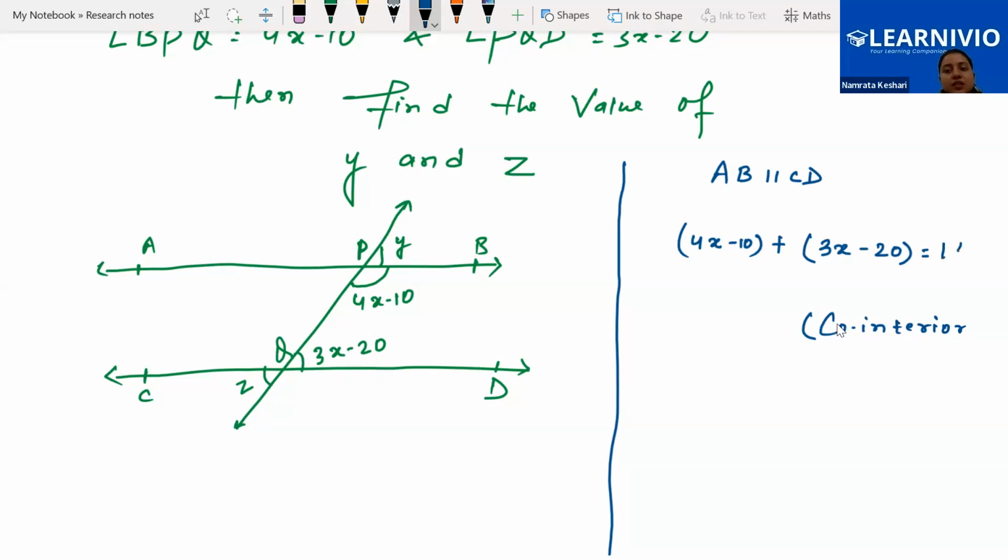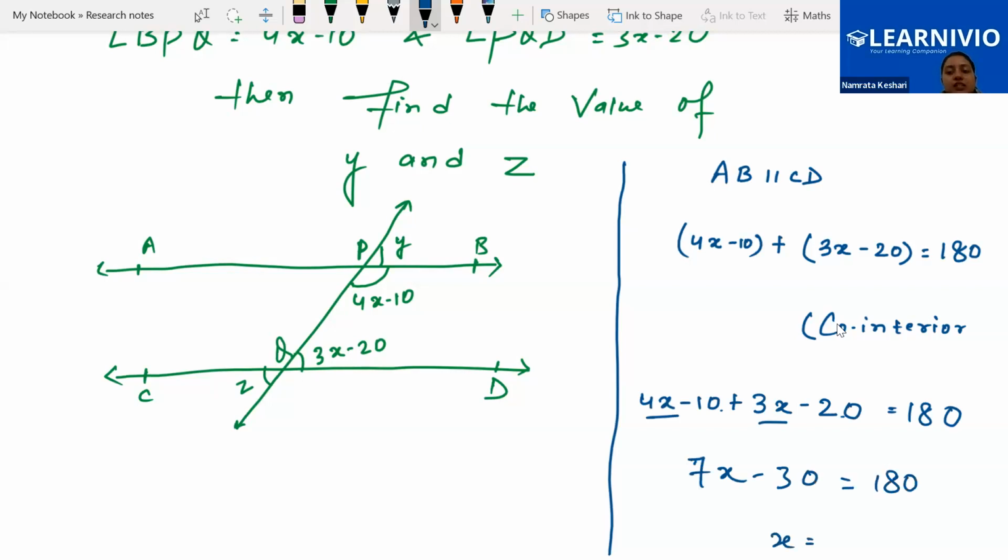Interior angles on the same side, sum is 180 degrees. Let's add them. So 4x minus 10 plus 3x minus 20 is equal to 180. That means 4x plus 3x, 7x, minus 10 minus 20, minus 30. From here, basically, we will be able to take out the x value.